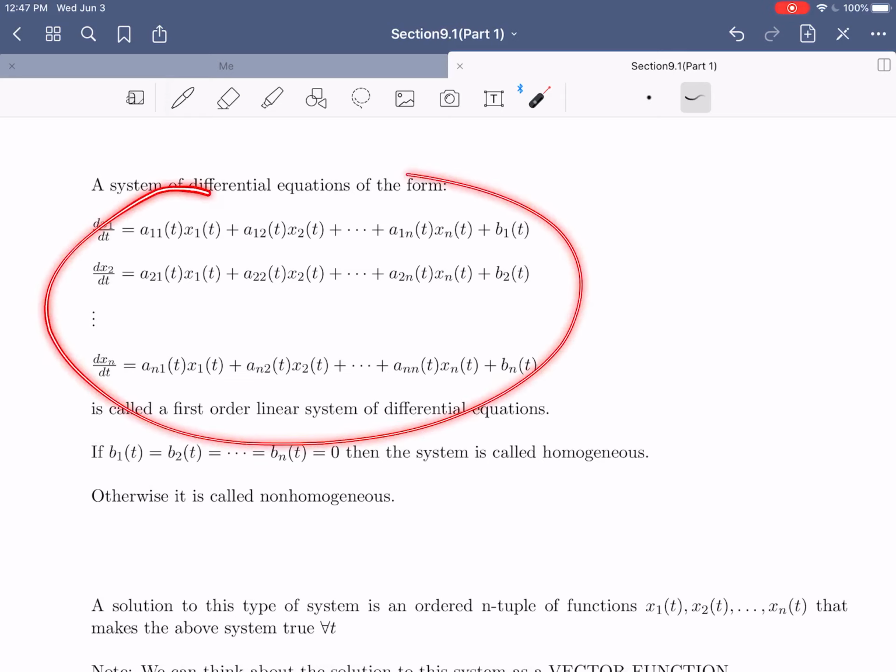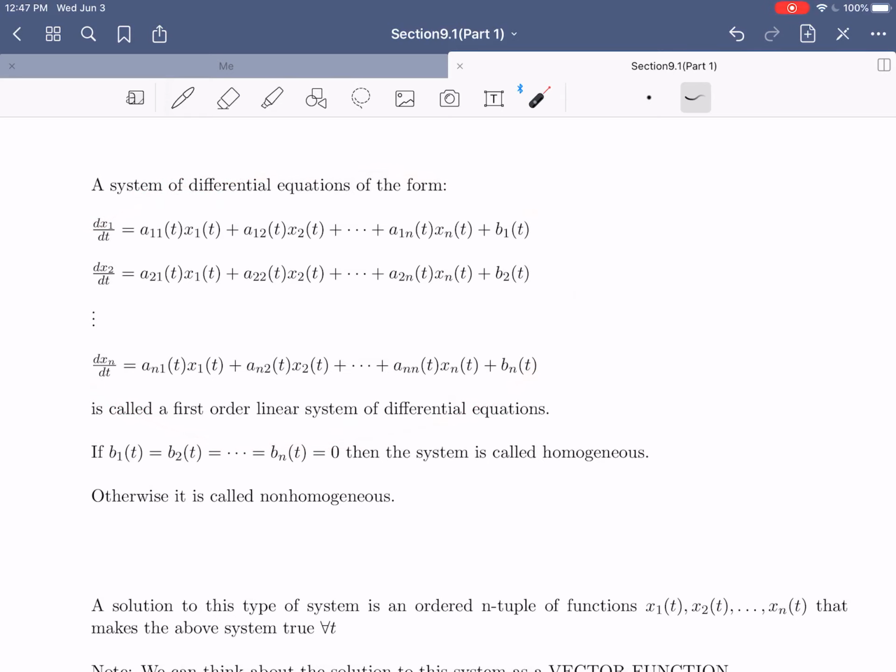So, a linear system of differential equations is a system of differential equations that fits this format. Now, this is a lot to unpack here, so let's talk a little bit about some of the things going on before we jump into the details of this definition. First of all, when we're working with standard differential equations, we normally think about them with the dependent variable being denoted with y and the independent variable as x.